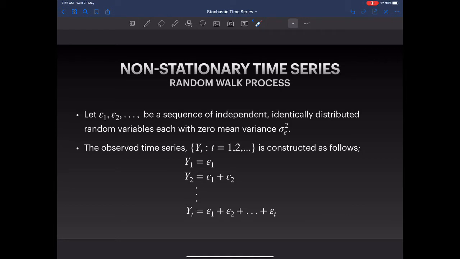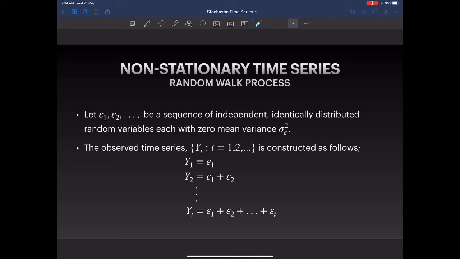And we construct our observations by, suppose that y1 is equal to epsilon 1, and then y2 is equal to epsilon 1 plus epsilon 2, up until yt, where epsilon 1 plus epsilon 2 plus and so on. We keep adding our error terms in the observed time series. So this is where the term random walk comes from.